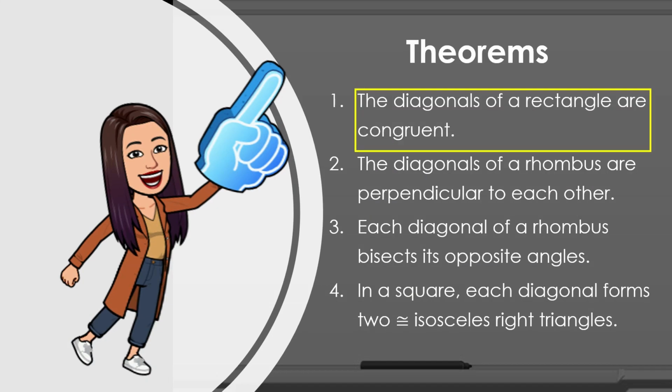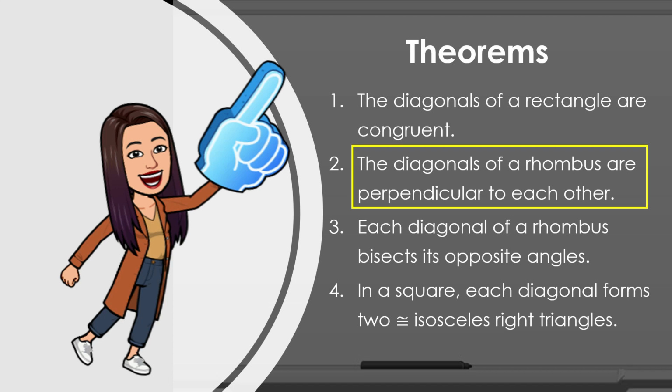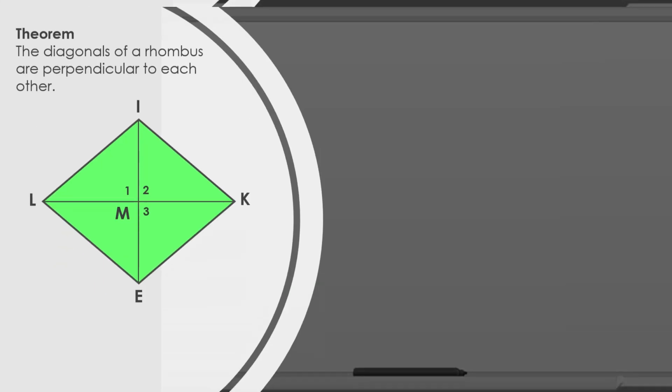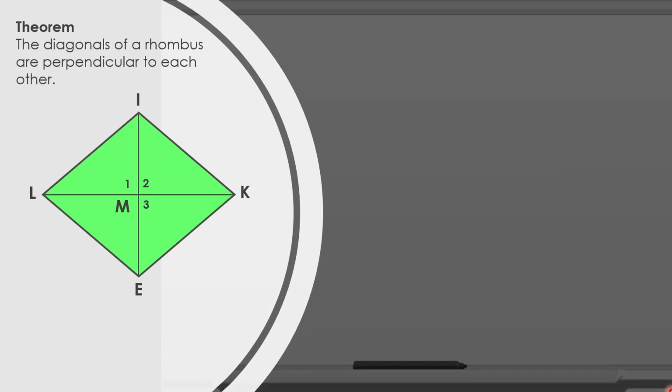Let us move on with our second theorem, that the diagonals of a rhombus are perpendicular to each other. Remember that when we say perpendicular, it means that the lines or the diagonals should form a right angle. So, from our given, the rhombus LIKE with diagonals LK and IE.